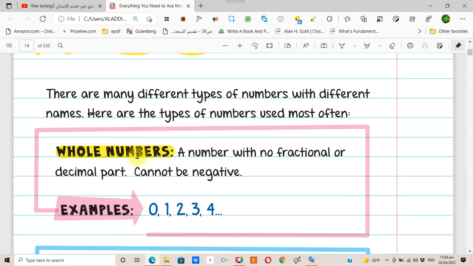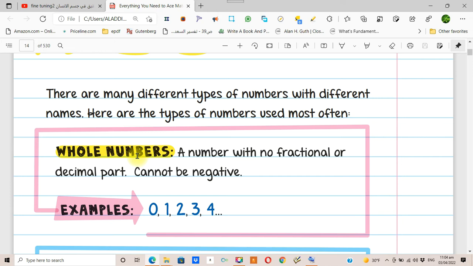A number with no fractional or decimal part. Cannot be negative. Example: 0, 1, 2, 3, 4, 5, 6, 7, 8, 9, 10, and so on until infinity. So the first terminology and the first concept you need to know: whole numbers.